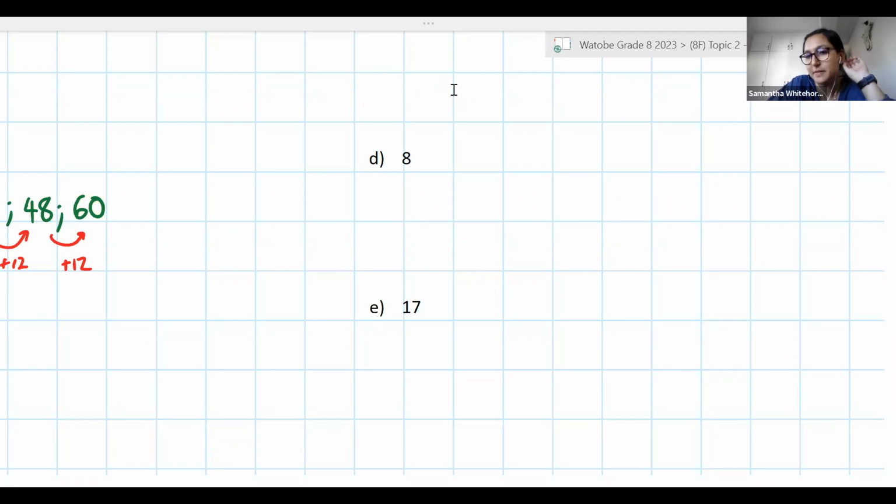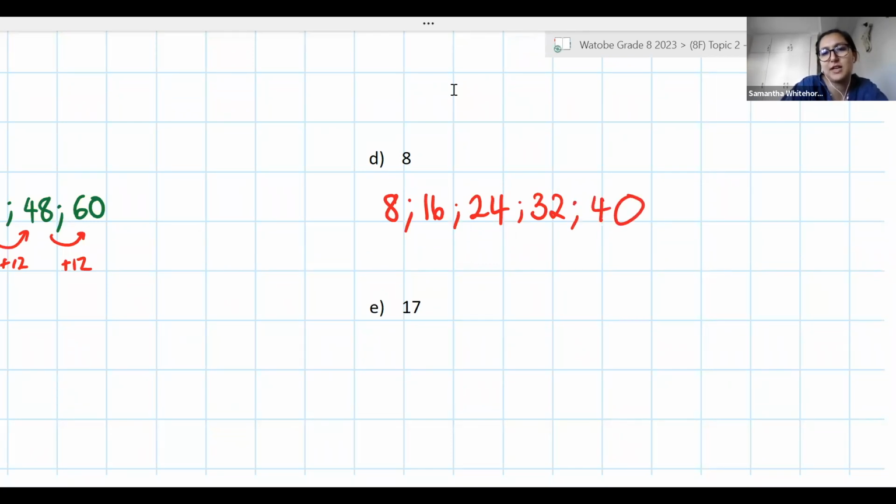Okay. 8, 16 first and then 24. 8, 16, 24, 32. And then 40, like you said. Good. All right, guys, so that is your multiples of 8. Well done.